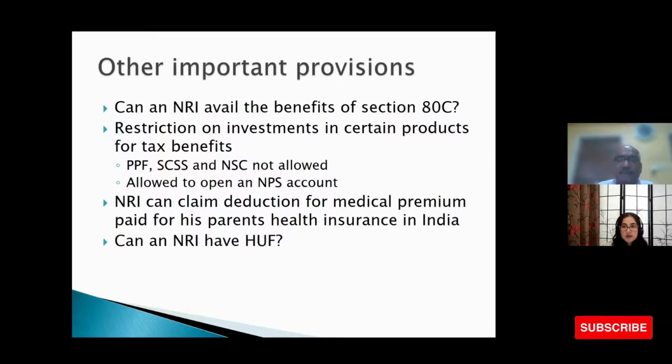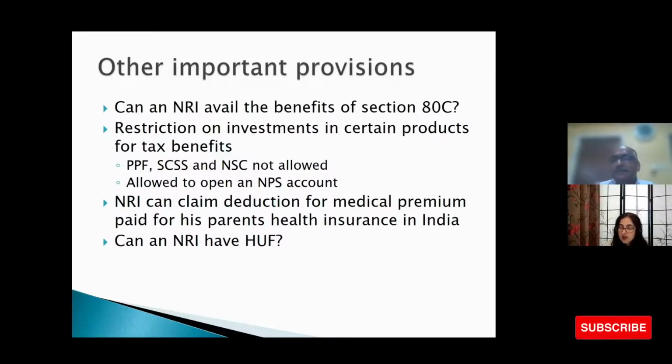This scheme is very low cost. The fund management charges are in the range of 0.01%, against the 2% fund management charges of mutual funds. So it is a very low cost product for accumulating your retirement money.